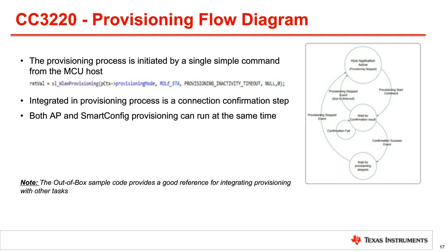As part of the integrated provisioning feature, the CC3220 supports the ability to run multiple provisioning modes simultaneously, such as AP provisioning and Smart Config at the same time. And this is great because it simplifies developing the software application that the device will run, because the same code can be used to support either provisioning method. And that means that no changes would be necessary to the application code if you want to support one, the other, or both in your mobile application.